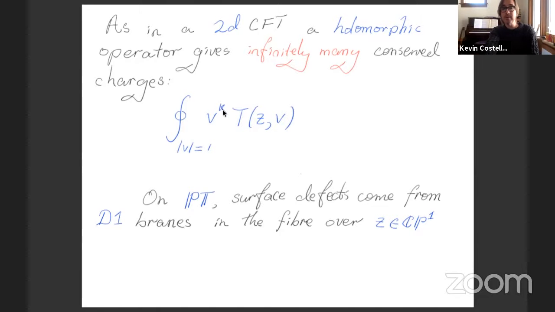If k is equal to 0, all of these operators commute. So let's see why that's true. On the twistor space, these surface defects come from D1 branes, which are 2-dimensional holomorphic objects, which live in the fiber over a point in CP1.